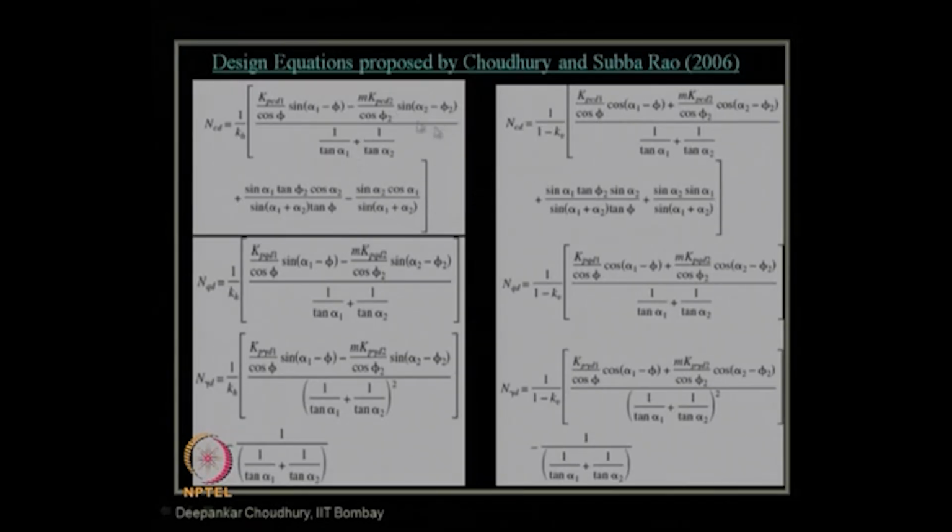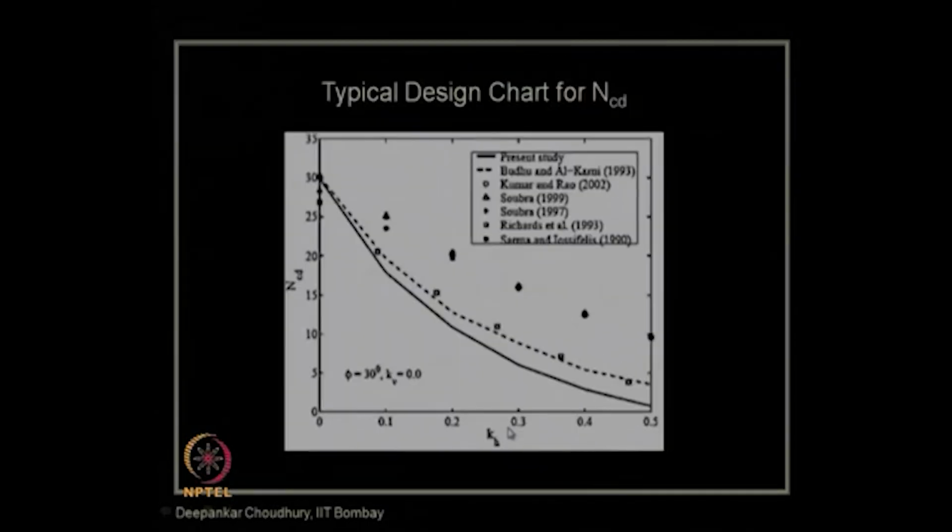These parameters m and alpha 2 need to be varied, and based on those input parameters, the iteration technique needs to be adopted until the values of NCD computed by both equations match exactly. Similarly for the other bearing capacity factors, and finally the design charts for NCD, NQD and N gamma d are obtained.